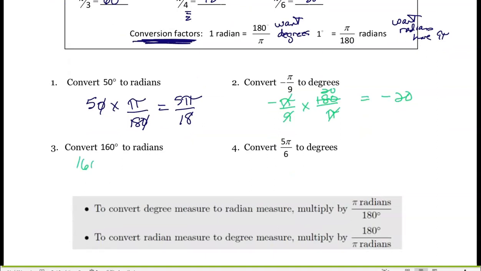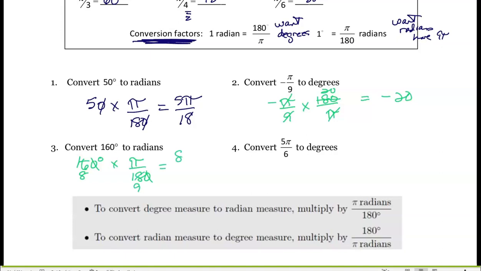I want radians, therefore I put my degrees in the denominator. Divide by 10. It looks like 2 can go into 16 8 times. It can go into 18 9 times.